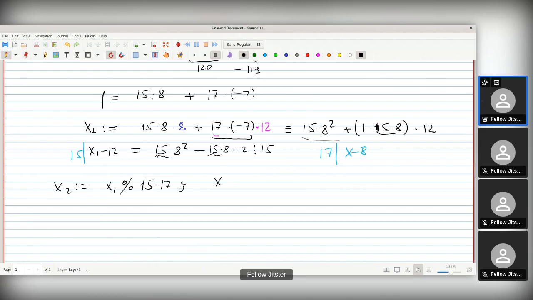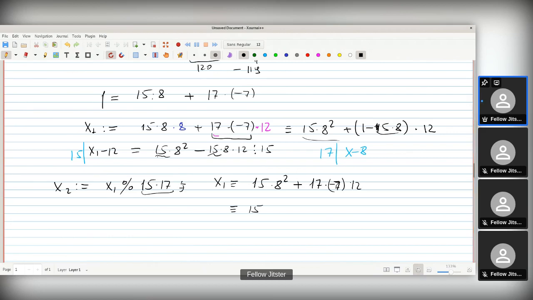We need to consider the remainder. x1 is 15 multiplied by this number plus 17 multiplied by minus 7 multiplied by 12. Do you agree? Yep. The main idea here is to spot copies of 15 multiplied by 17. Let us do so.